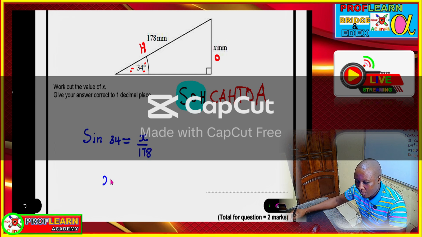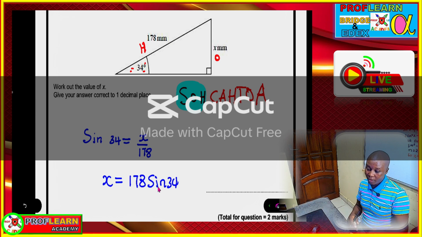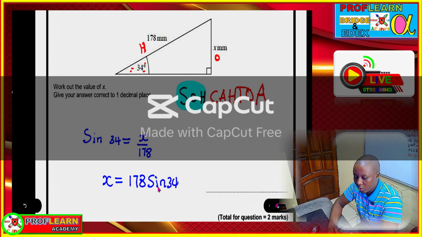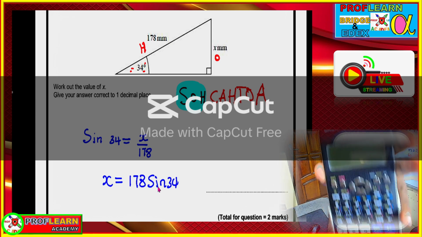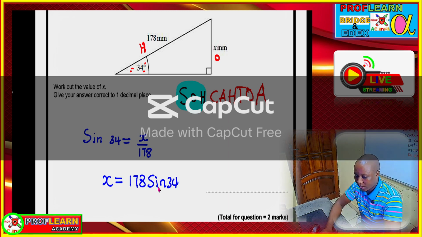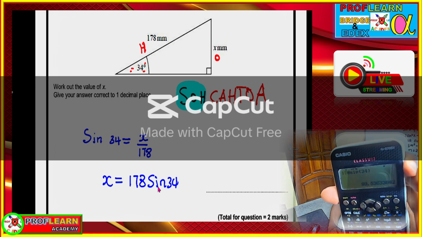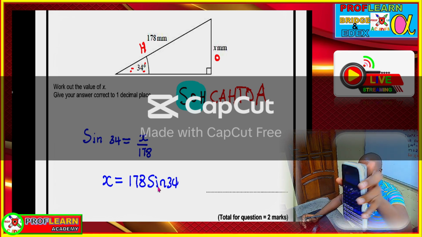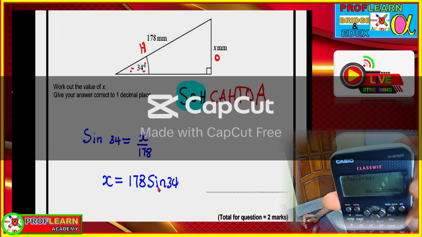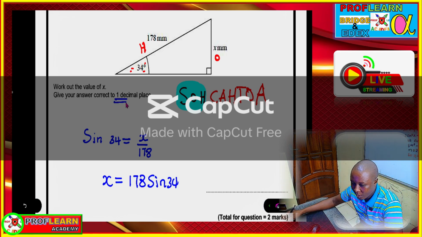So our x is going to translate to 178 times sine 34. Whenever you put that in your calculator, you have to ensure your calculator is in degrees, not radians, so that you don't mess yourself. So we say 178 sine 34. If you put it, you're going to get 99.536.